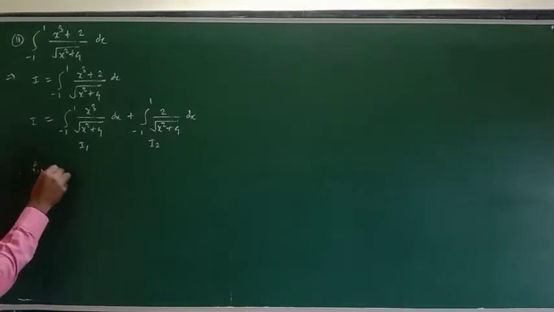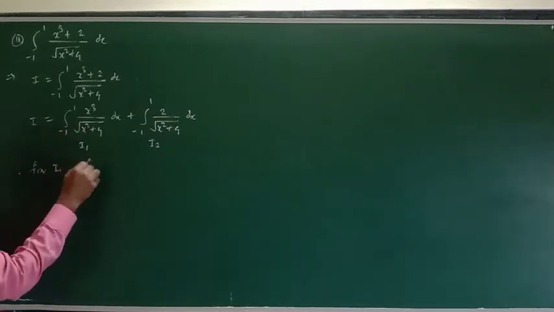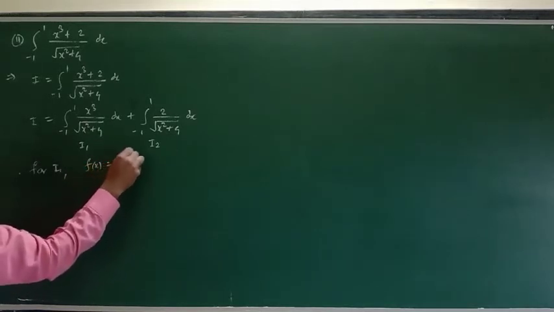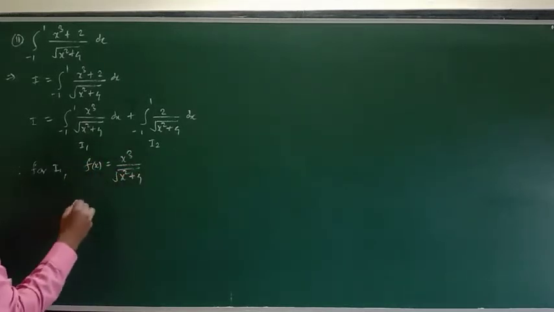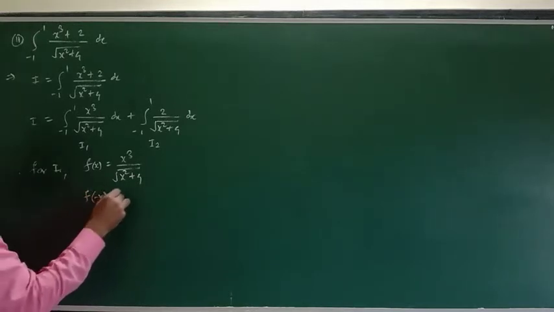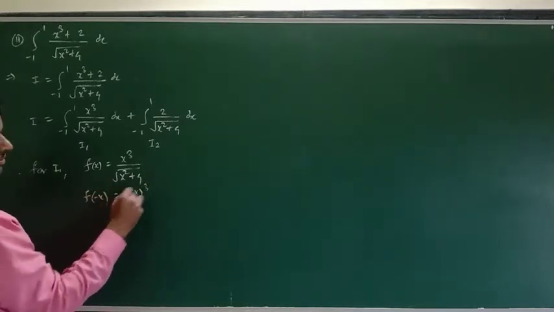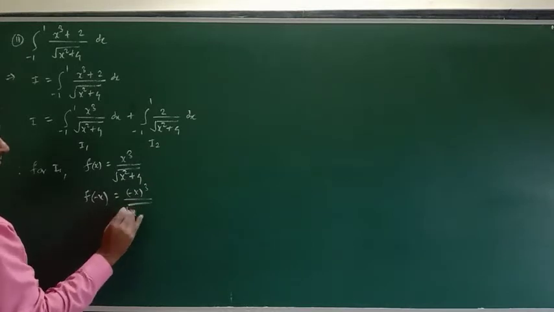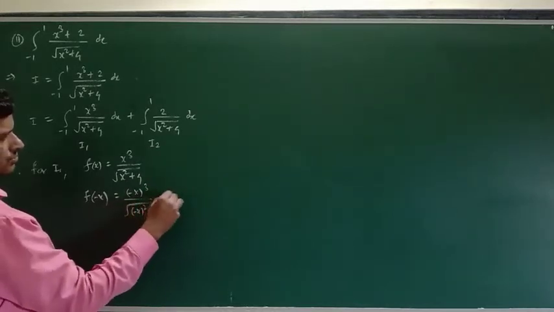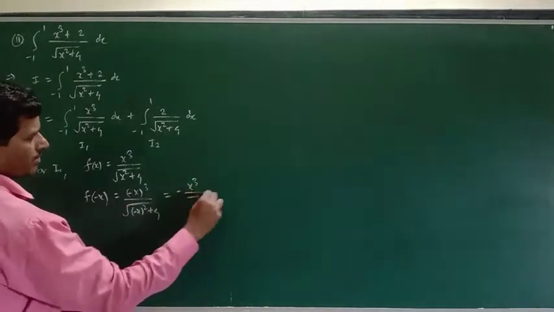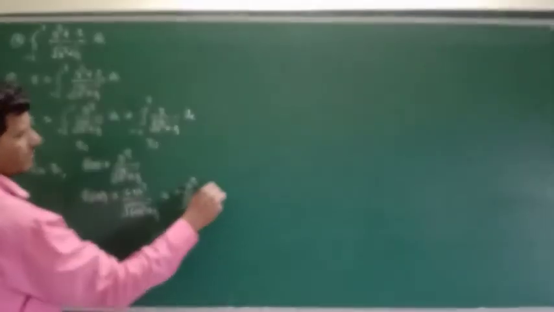For I1, what do we have to do? The function is f(x) equal to x cube upon root of x square plus 4. So f of minus x is minus x cube upon root of minus x square plus 4, so it is equal to minus x cube upon root x square plus 4.